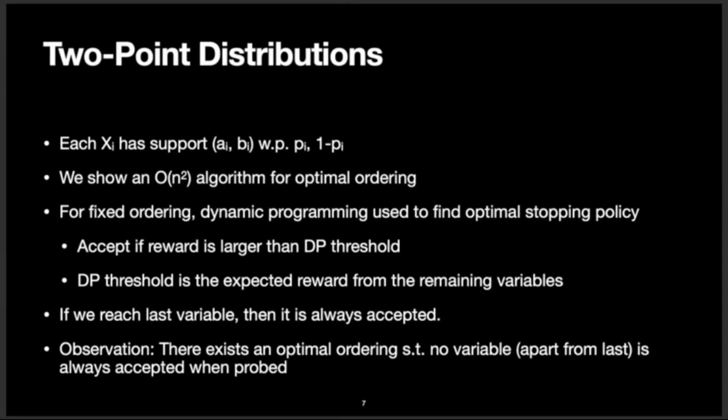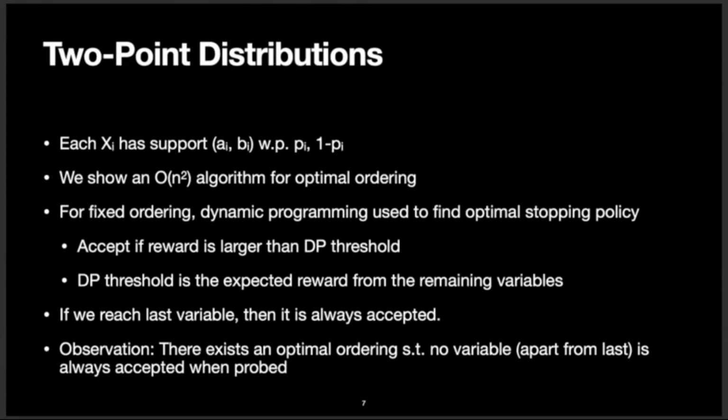Now here's a main observation that we use to get the optimal algorithm for 2-point distributions. The observation is this: there exists an optimal ordering such that no variable apart from the last variable is always accepted when probed. What does that mean? If there's a variable that you would always accept, that means that you intend to accept that variable and finish the game.